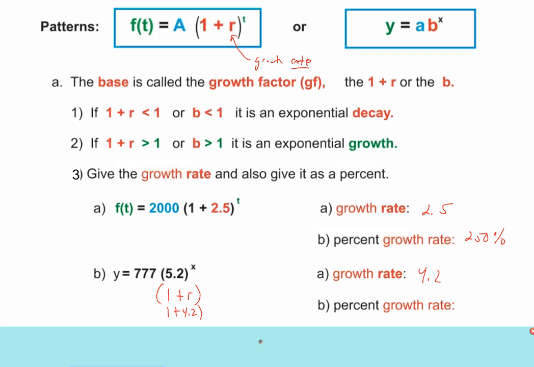R is the growth rate. Didn't we say 2.5 down here? Well, they didn't show you the 1 plus. You had to figure it out. 5.2 is 1 plus 4.2. Growth rate, 4.2.